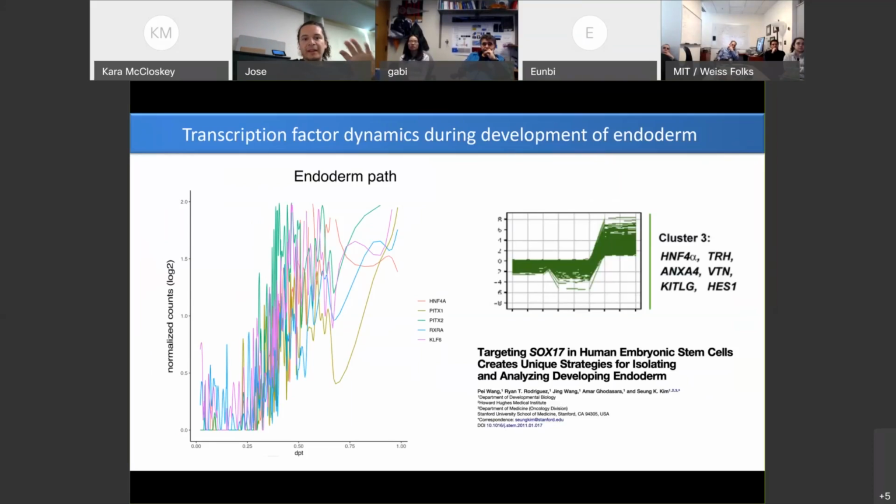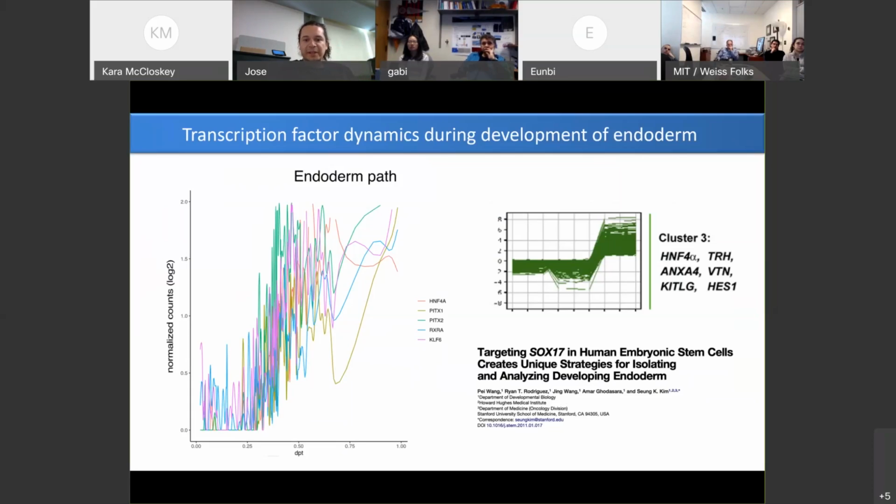Most of what I mentioned so far is focusing on the endoderm path. Now, one of the things we really want to do in the lab is to further develop the organoids using genome engineering. One of the things we would like to achieve is to engineer changes that are lineage specific.